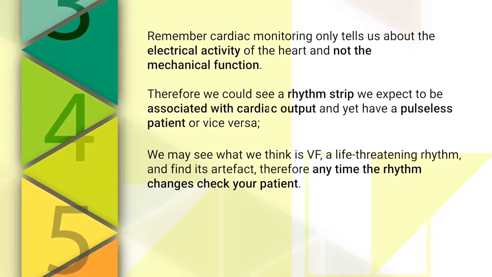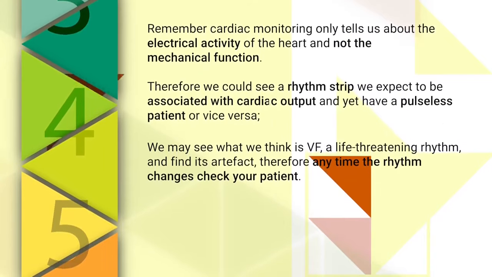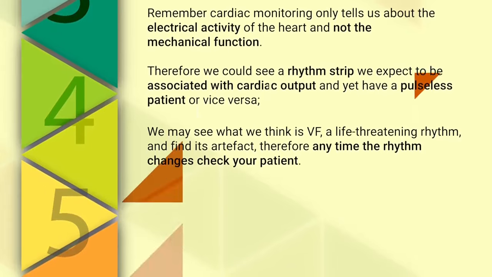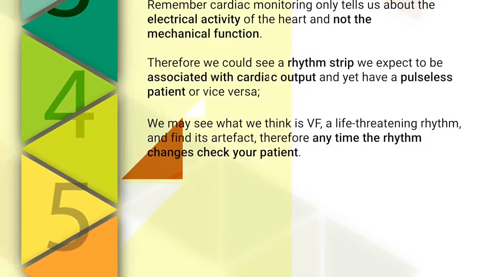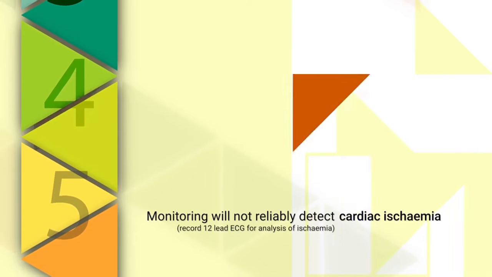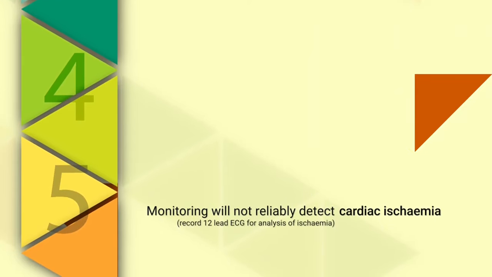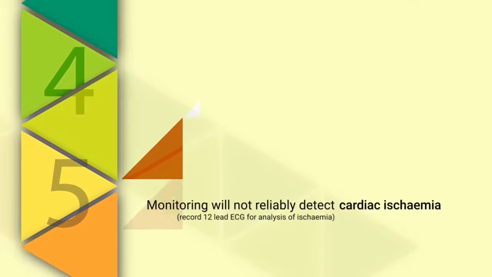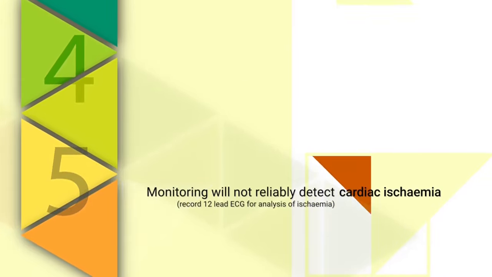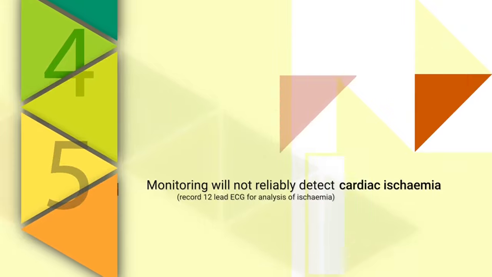Alternatively, we may see a rhythm on a cardiac monitor which we think is ventricular fibrillation, or VF, a life-threatening rhythm, and find that on examining the patient it is only artifact. It is also important to remember that cardiac monitoring will not reliably detect the presence of cardiac ischemia. To determine this, or the presence of myocardial infarction, you would need to record a 12-lead ECG.